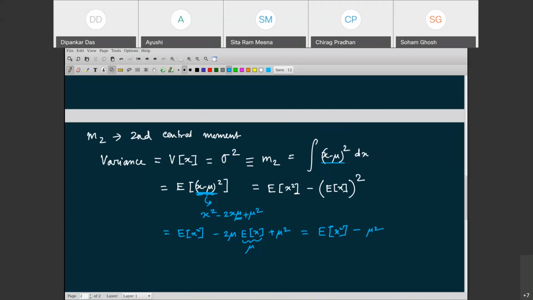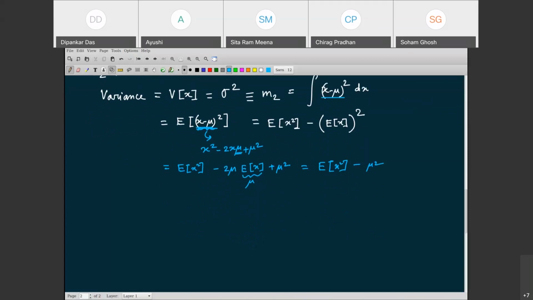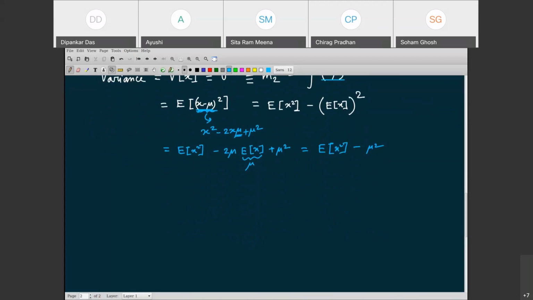And another thing is, what does this variance tell you about the distribution? It tells you how spread out your distribution is. So suppose I give you two distributions.